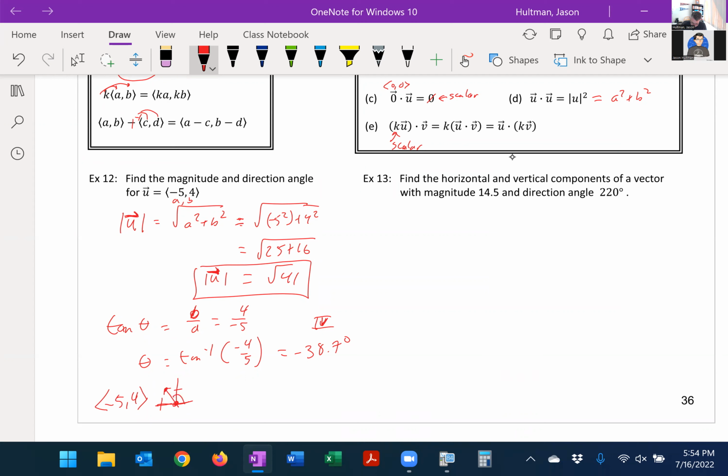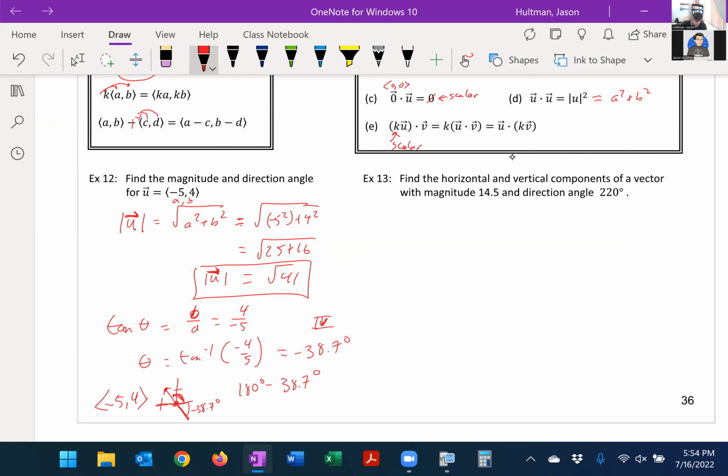So I really need this angle here. I have this reference angle of -38.7 degrees. How do I use that reference angle to get to the second quadrant? Well, I just take 180 degrees minus the reference angle, 38.7.